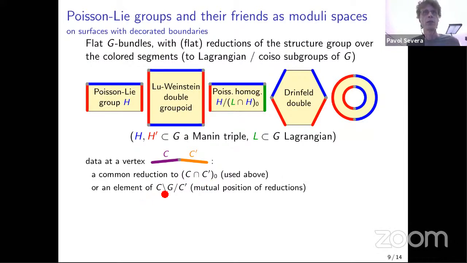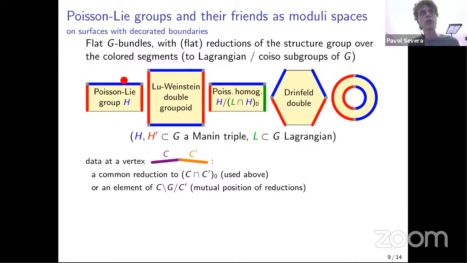There is another option, where we don't require them to intersect, so they don't have to be compatible, and then we should just choose an element from this double coset, to say what is the mutual position of those two bundles at that point. But I'll be using only this upper option, and everything is then extremely simple. So here's our Lu-Weinstein double groupoid as before.